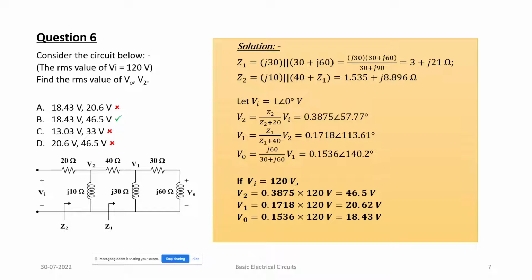This is basically you need to solve this circuit and get the values of V1, V0 and V2, right? So you need to just do the calculations. If you have any doubt, you may ask, because this is pure calculation. Nothing to point out on this.